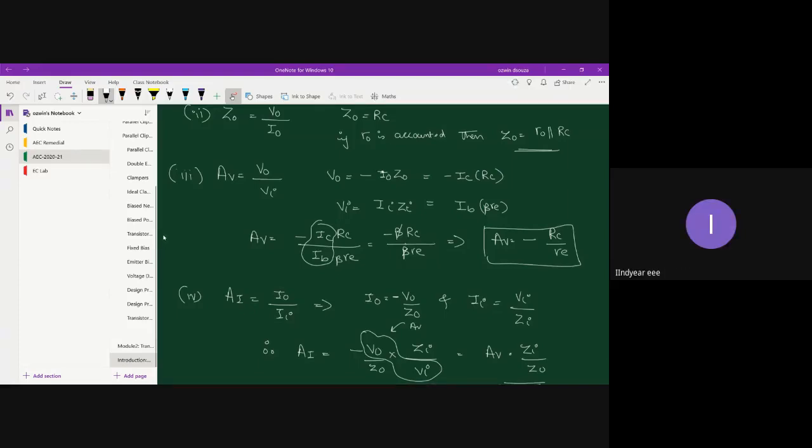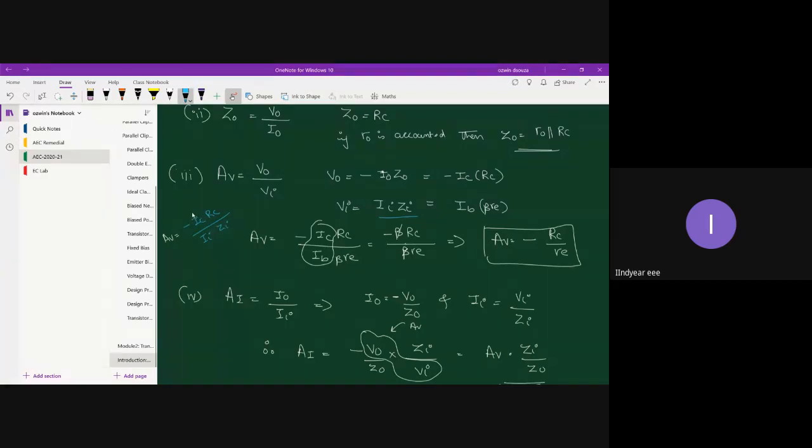Yes, sir. Actually, I can take V naught as minus IC by RC. Let me write it in a different color so that you'll be able to distinguish. The numerator is minus IC into RC. In the denominator, instead of taking IB into beta RE, let's say I take II into Zi.